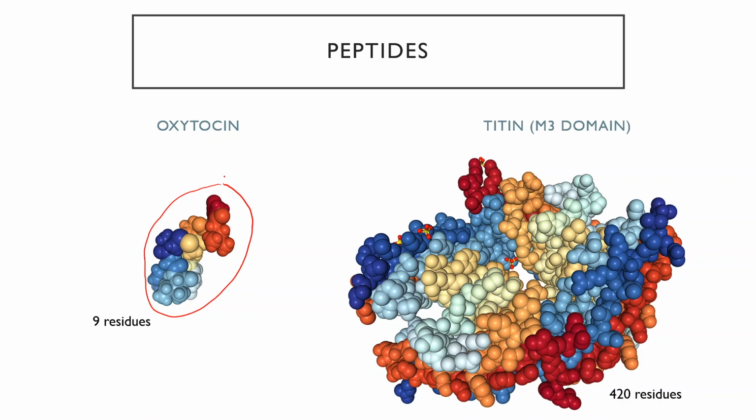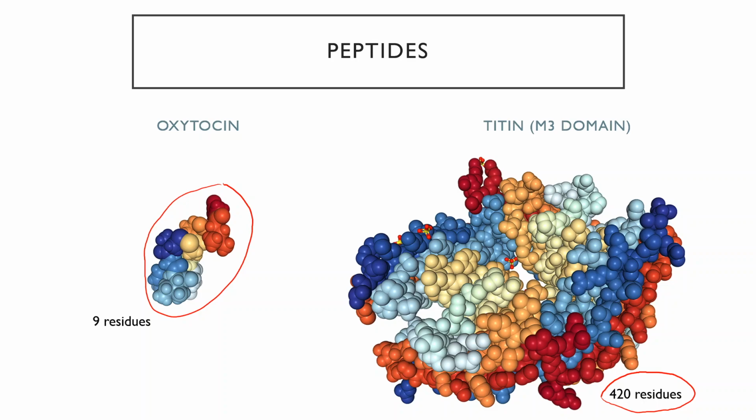So this would be a short peptide, whereas this molecule over here is part of a very large protein called titin. It's actually part of the largest protein that has ever been discovered, and it has 420 amino acids. But again, you wouldn't probably hear it referred to as a peptide, whereas something like oxytocin is sometimes referred to as a peptide. And there's not really an objective line to draw where you would say something is long enough to be a peptide versus a protein.